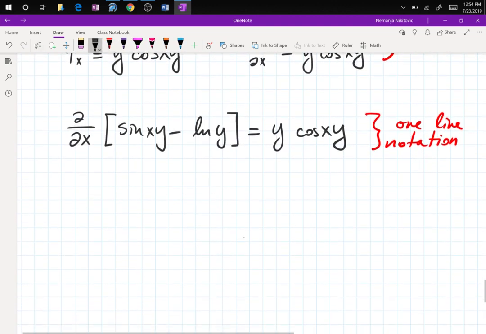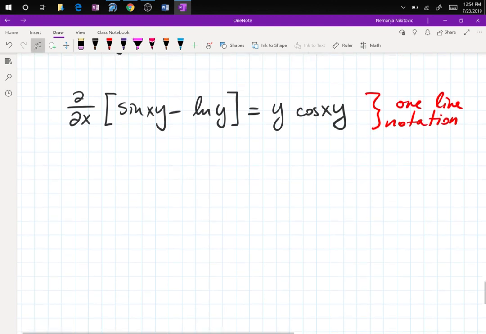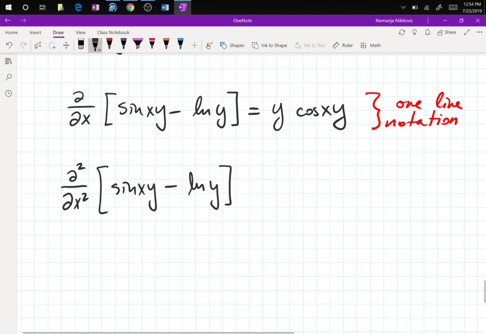Further, if you want a one-liner notation for a second derivative in x, then you will have partial derivative squared over partial x squared. So now you see two x's in the bottom because they're squared, right? So you have x and x again, of sine xy minus ln y.